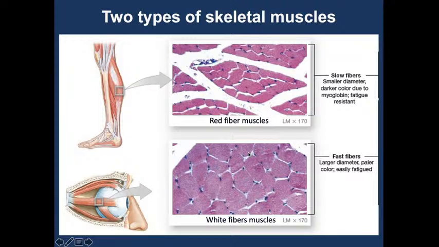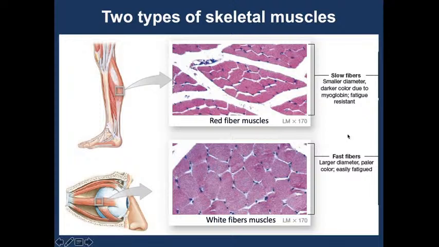And it depends on the morphological structure of those muscles. We call them red fiber muscles, like musculus triceps, and white fiber muscles, when we have dynamic muscles. We also call them slow fibers, as they have small diameter, darker color, and fatigue resistance.